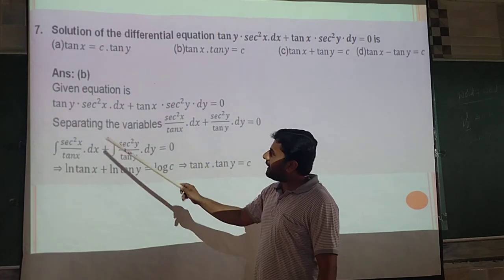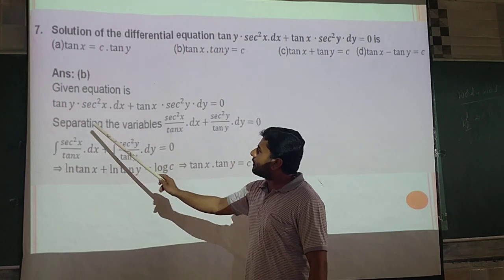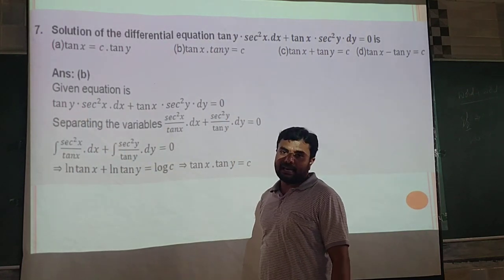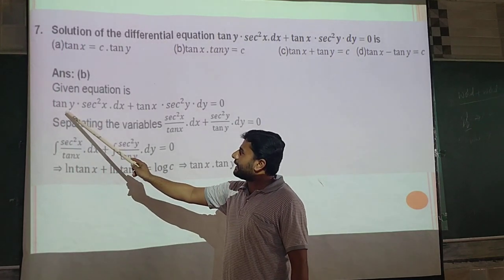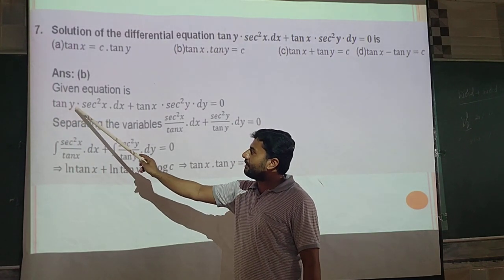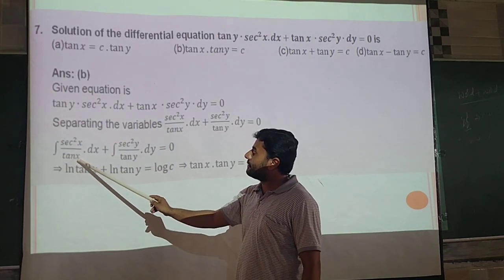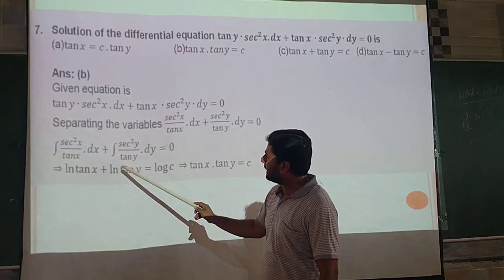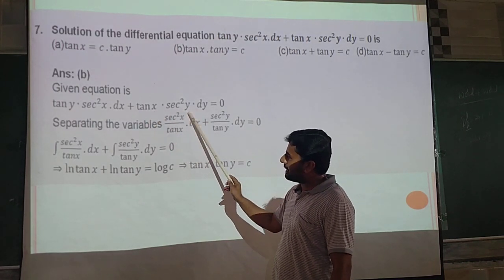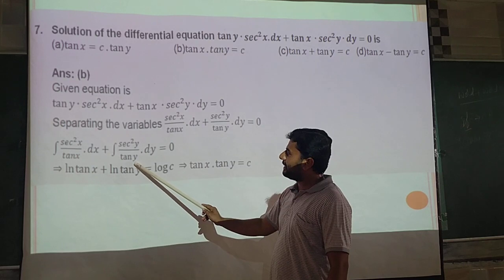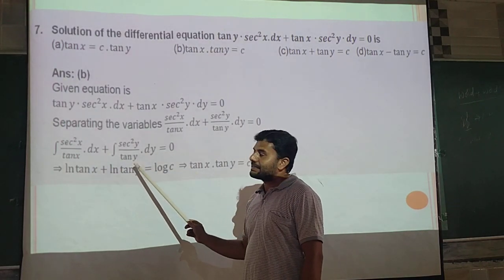Dividing both sides by tan y and tan x, they cancel, leaving the integral of sec²x divided by tan x dx plus the integral of sec²y divided by tan y dy equal to 0, in which the variables are separated.